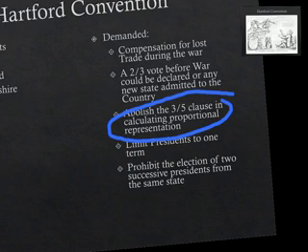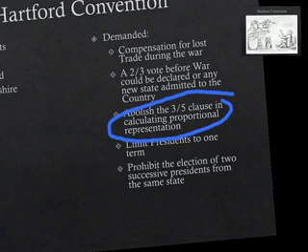So they felt like Virginia, North Carolina, South Carolina, because they counted slaves, or at least they counted 3/5 of the slaves, that gave them a higher population, thus higher representation. Thus, if you have higher representation in the House of Representatives, you also have higher representation in the Electoral College.